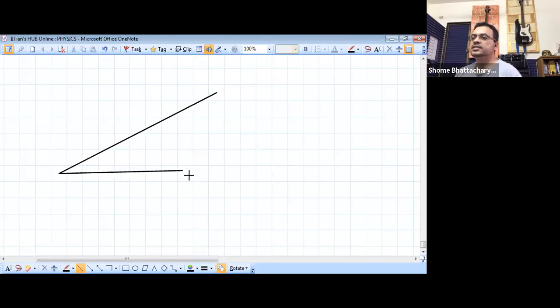You realize that the direction of acceleration will be along the inclined plane. There's no way the block can move perpendicular to the inclined plane, because gravity is pushing it against the inclined plane. So mg is pushing it like this against the inclined plane. But normal reaction is kind of absorbing part of that mg. It's acting like this.